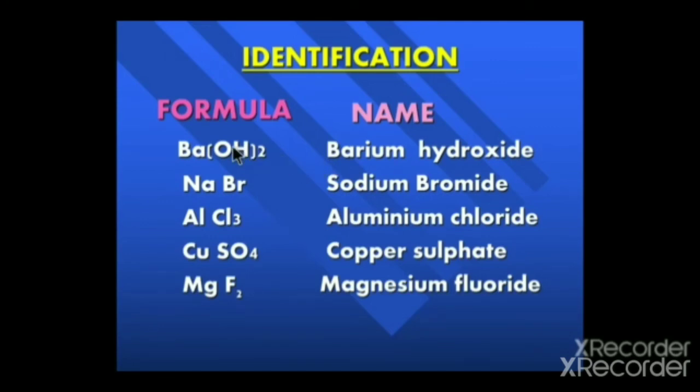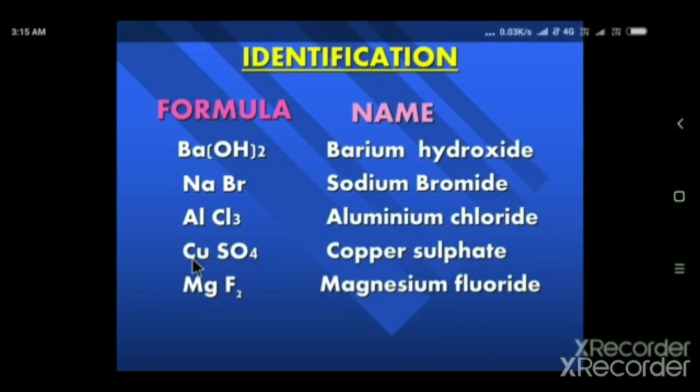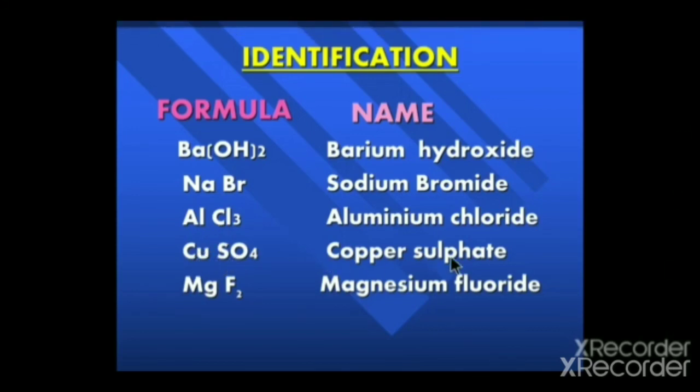Now, the identification of chemical compounds from their formula. If you know the symbols of various ions, whether it is a cation, anion or radical, then you can name and identify the compound. For example, here you can see the formula is Ba(OH)2. Ba is barium and here the anion is hydroxide. So the compound is barium hydroxide.